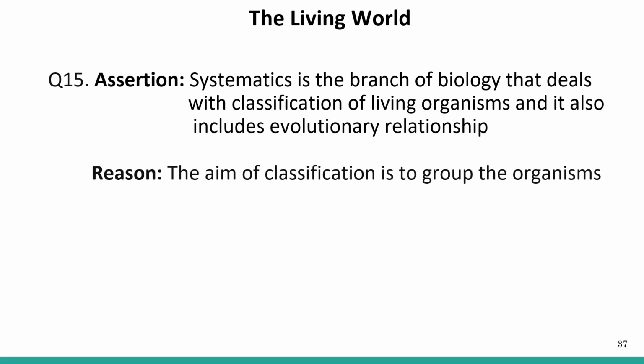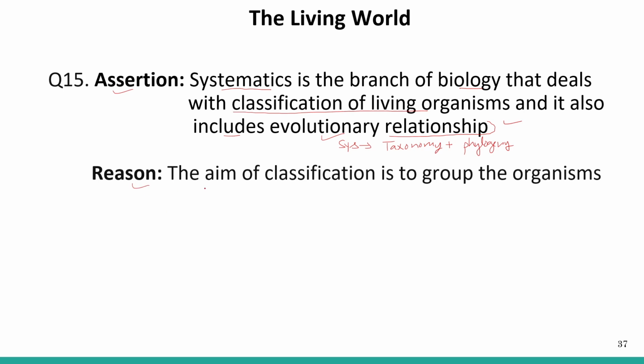The next question is: systematics is the branch of biology that deals with classification of living organisms and it also includes evolutionary relationships. This is correct. Systematics is taxonomy, which includes identification, nomenclature and classification, plus the evolutionary relationship, which is known as phylogeny. So the assertion is correct.